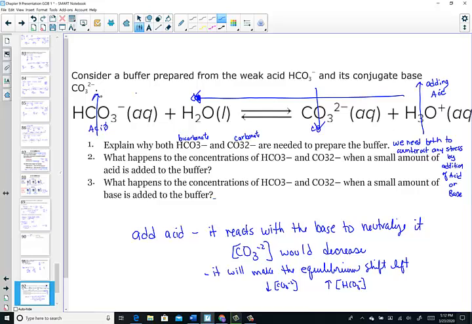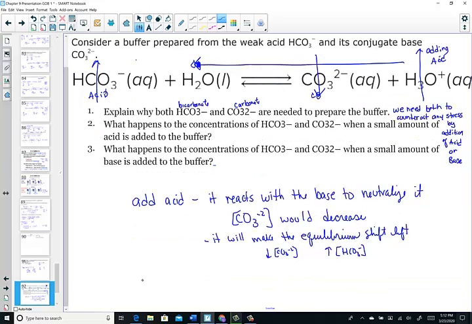What happens to the concentrations of bicarbonate and carbonate when a small amount of base is added to the buffer? Well, what does the base do? If this is the stress, you're adding base, it's going to react with the acid in the equilibrium.